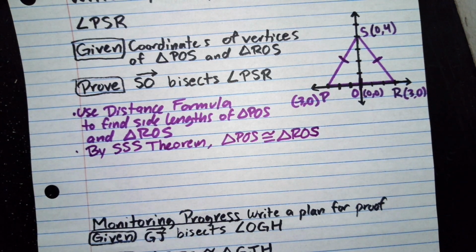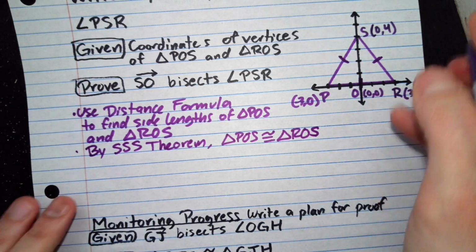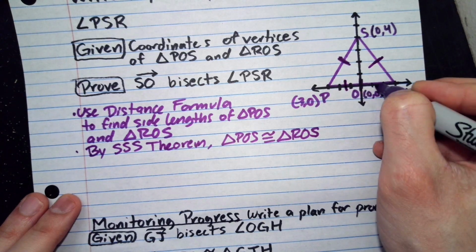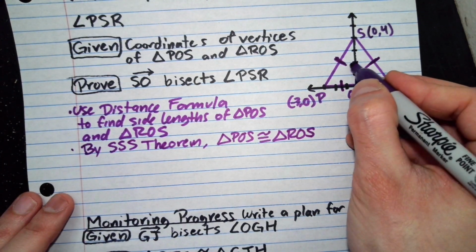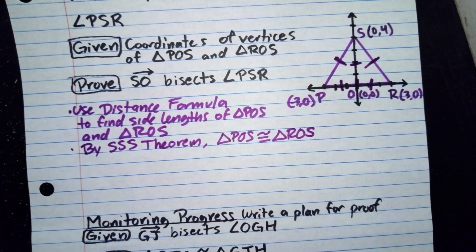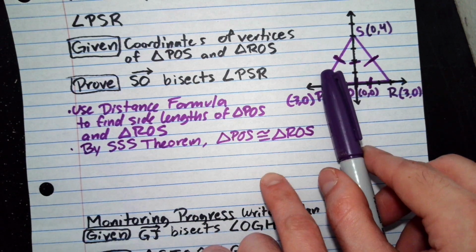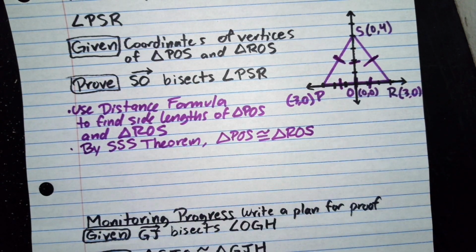And so because we know that these sides are equal, and then this side is being used by both triangles, that's how we know that all three sides are congruent. And so POS is the triangle on the left and ROS is the triangle on the right.